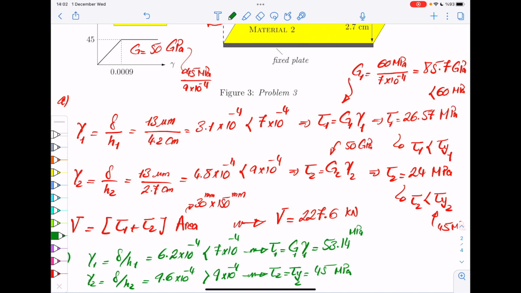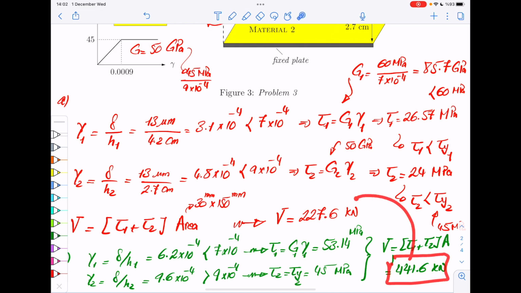So now you take these again, and then you calculate V using the same formula that we had up here. V is tau 1 plus tau 2 times area. And that gives you, if you calculate it, 441.6 kilonewton, which again, if you compare this with this one, is less than 2 times that, right?